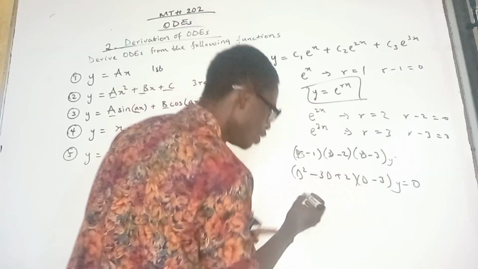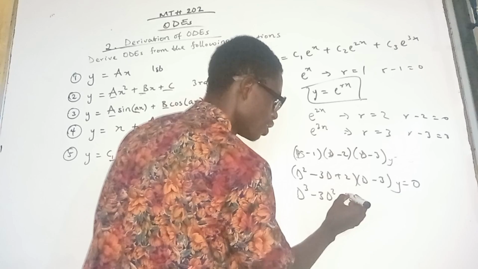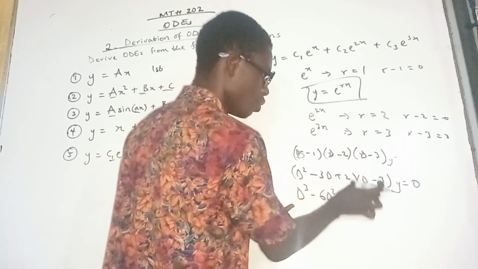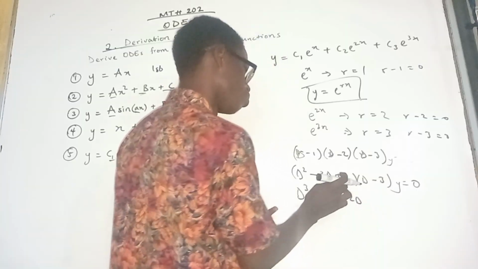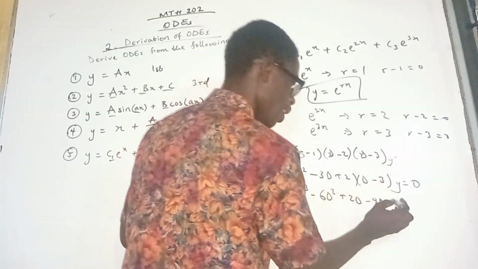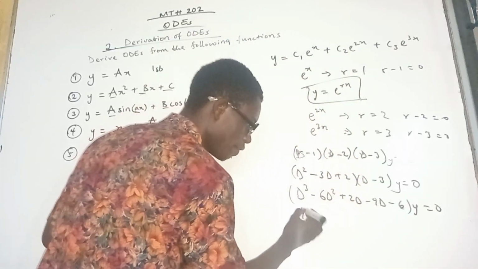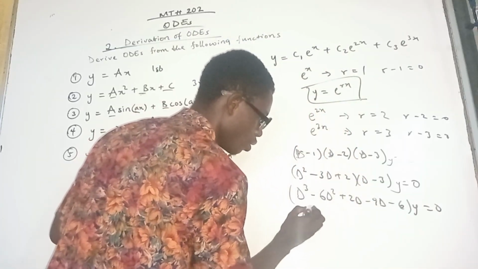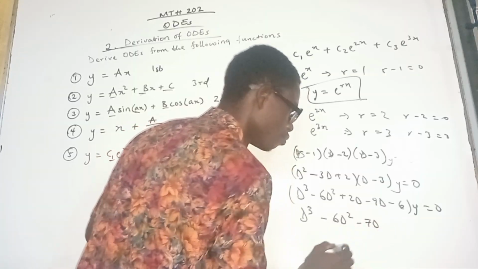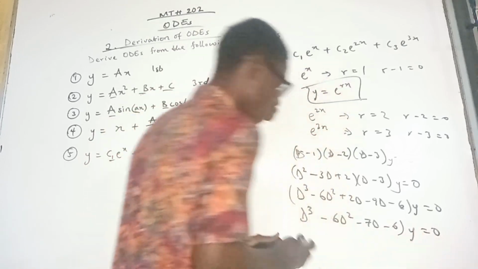Opening this again, we have D cubed minus 3D squared minus 3D squared, so this gives me minus 6D squared, plus 2D minus 9D, minus 6, all into bracket y equals 0. So once I finish this up, I have D cubed, sorry, minus 6D squared minus 7D minus 6, y equals 0.